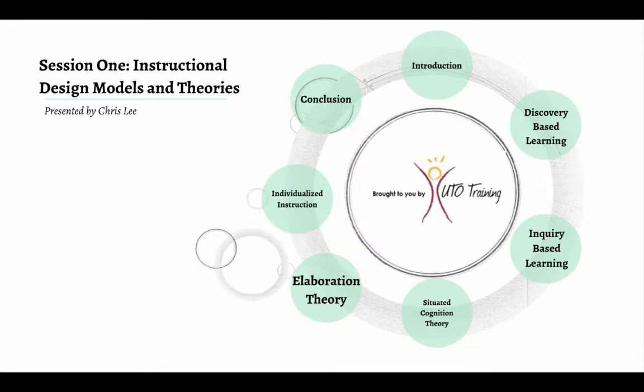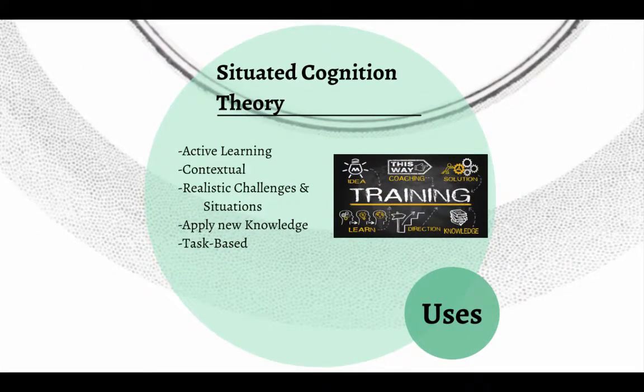Situated cognition relies on active learning. Learners are encouraged to learn the information in a contextual format. It is commonly paired with the cognitive apprenticeship model, which exposes learners to realistic challenges and situations. The cornerstone of the situated cognition theory is that learners must be able to apply their newfound knowledge and skills outside of the learning environment.